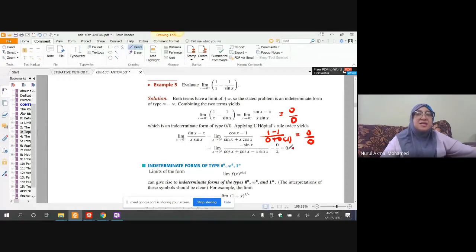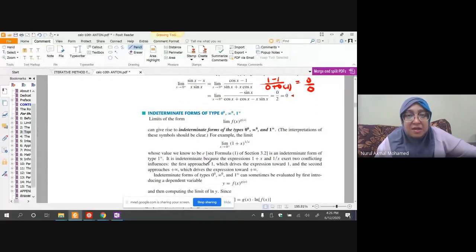So the final answer will be 0, because 0 divided by any constant except 0 gives you 0. But if you still got 0 for the denominator, then you still have to apply L'Hopital's rule. I hope it is clear.